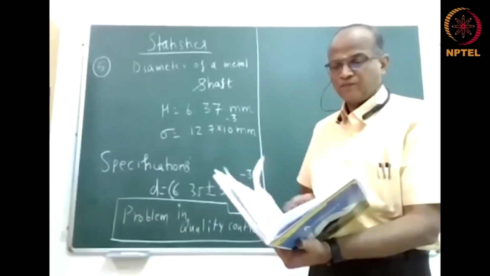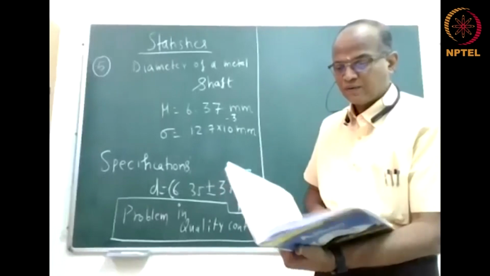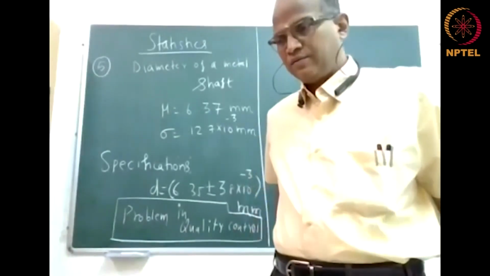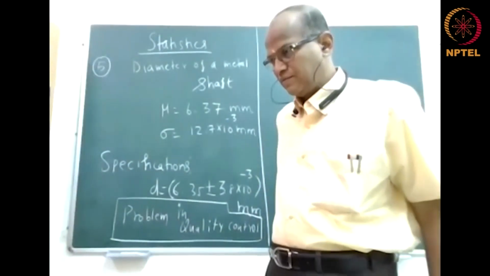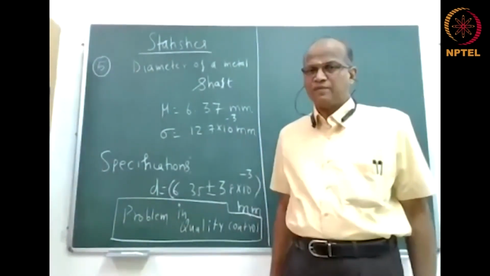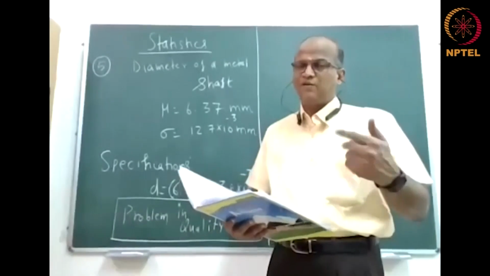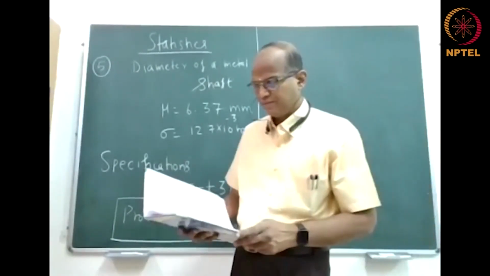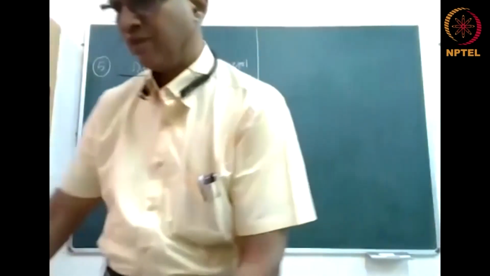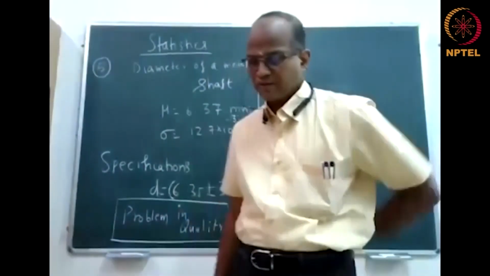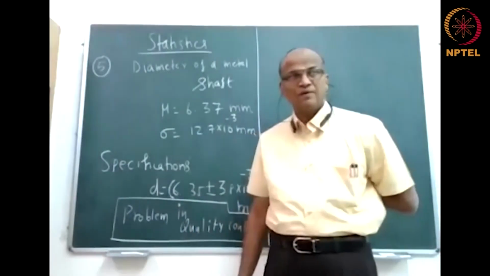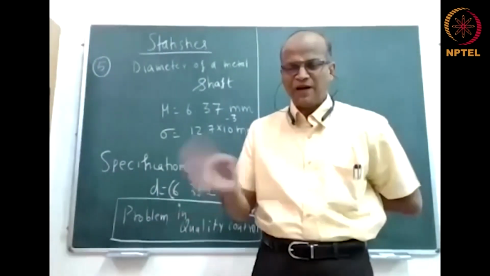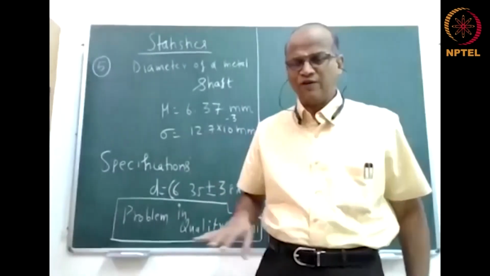Find the probability that one particular shaft chosen at random will have the diameter within this given specification. You're coming close. Probability of having a shaft whose diameters don't meet the specifications. Okay, so we'll make it more positive. All of you are close.